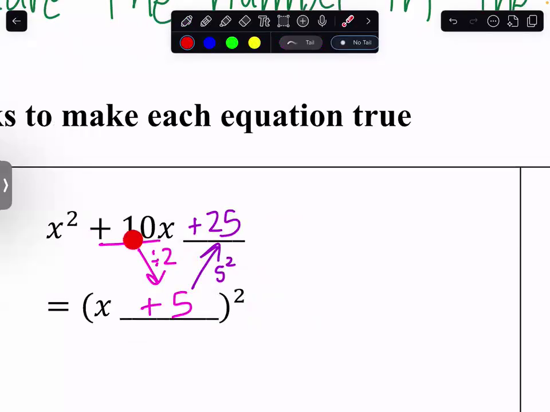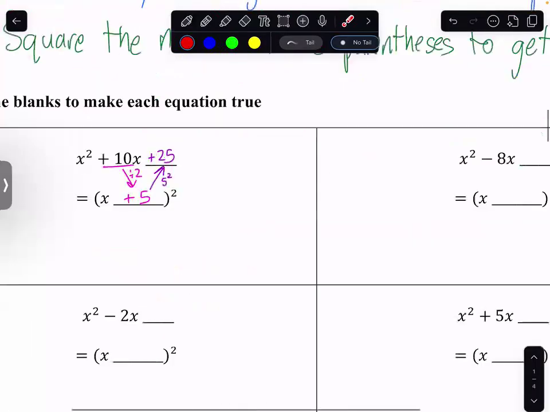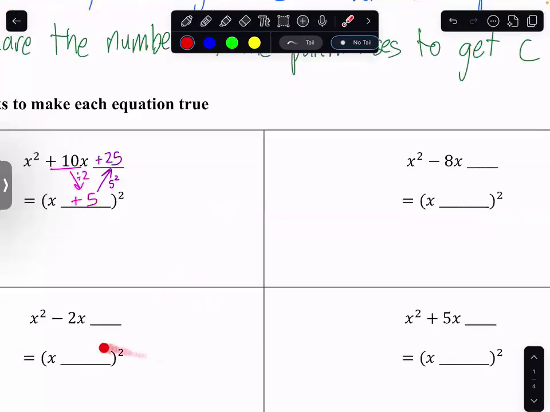You take the b value, divide by 2 to get the number in the parentheses below. Then you multiply that number by itself, or square it, to get back up to the row above. Normally you work top to bottom, but here you start at the top, go down to the row below, then go back up to the row above. Go ahead and try to do the other 3 boxes using the same pattern.